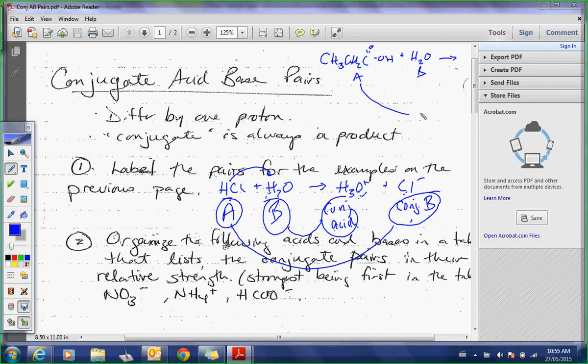What did this become? CH3CH2COO minus is the conjugate base. Get it? And what's your conjugate acid? H3O plus is your conjugate acid.